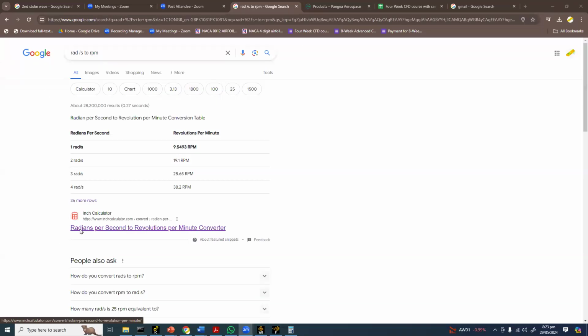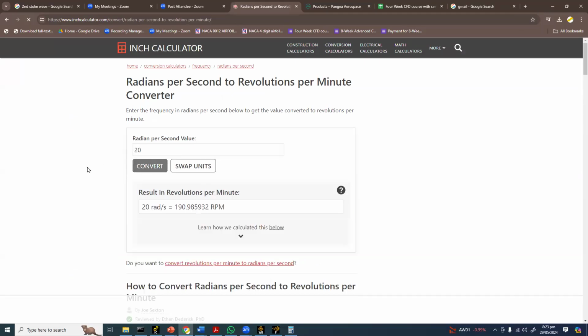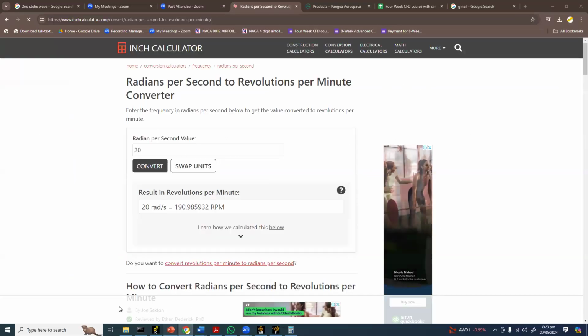Okay, so we have an online calculator. So 20 radians per second will be equal to how much? 190 RPM. Okay, that's what I was saying. Now let's go back to the presentation.